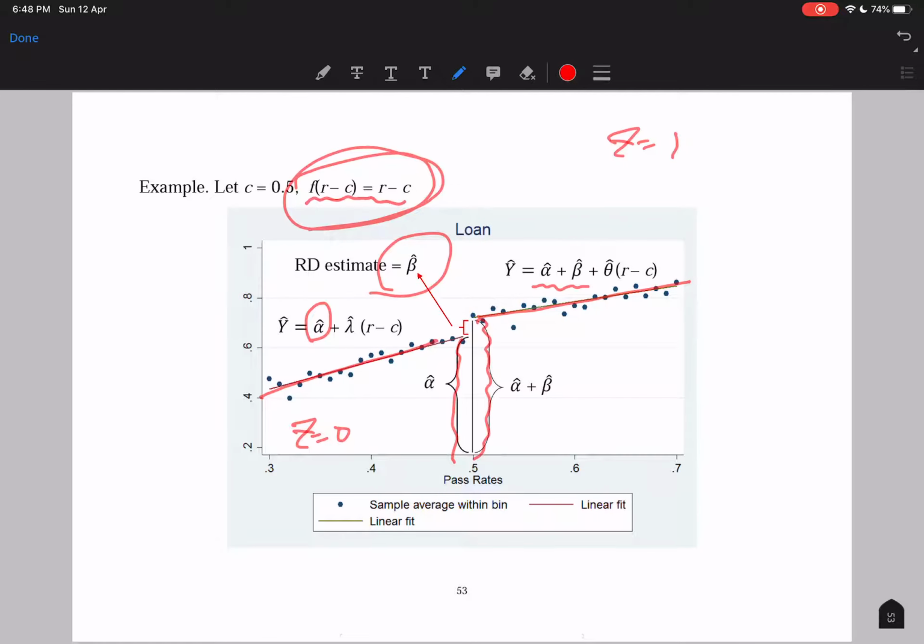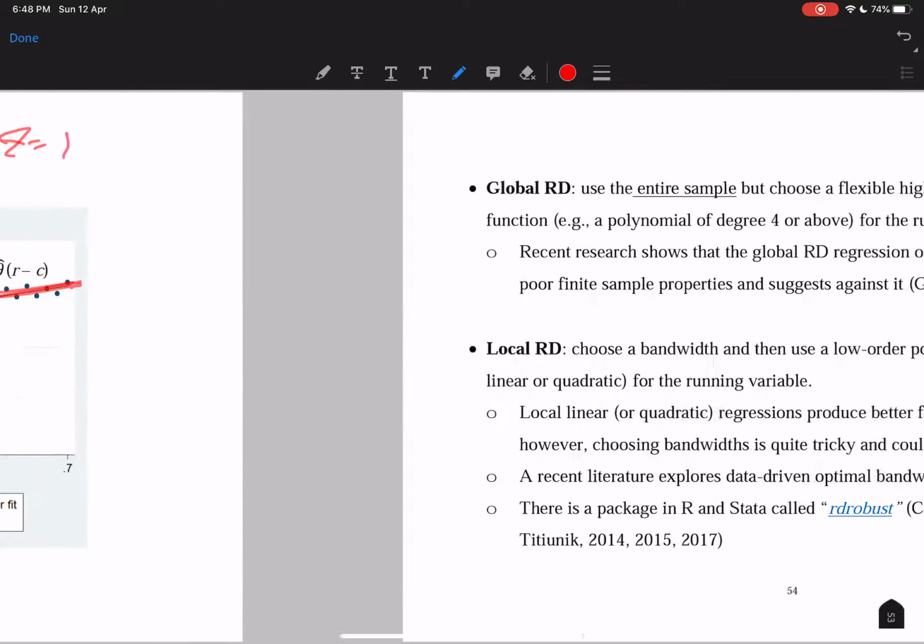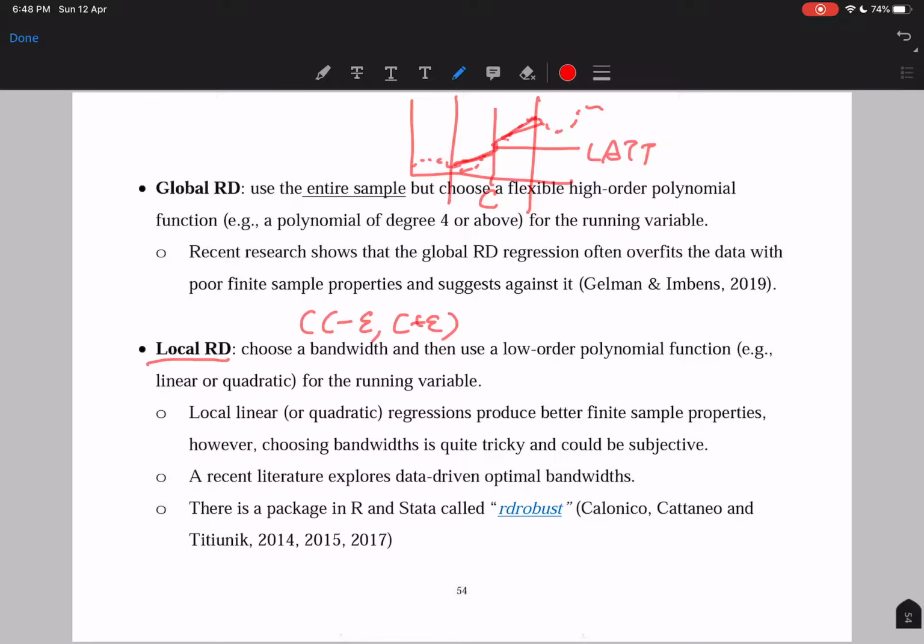For example, here is something closer to our data. I only use pass rates between 30% and 70% instead of using all the data, and we fit the running variable with a linear function. That is actually a local RD design.